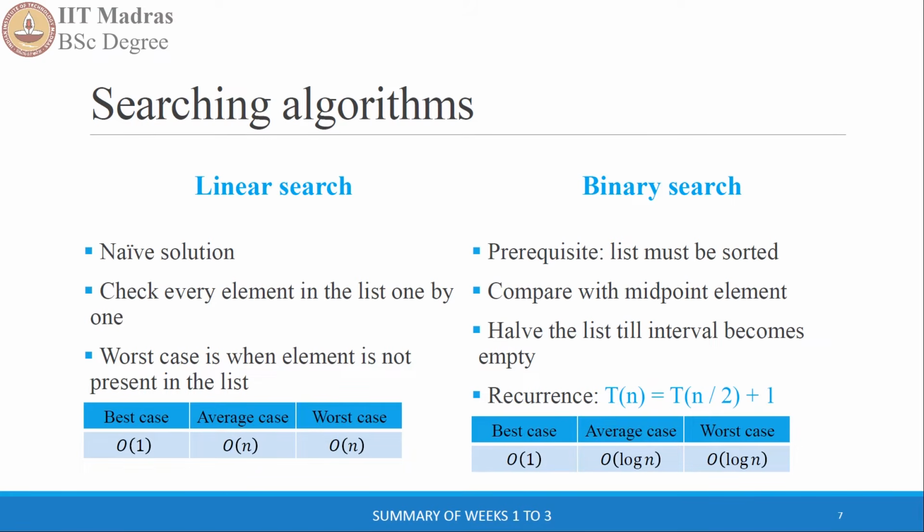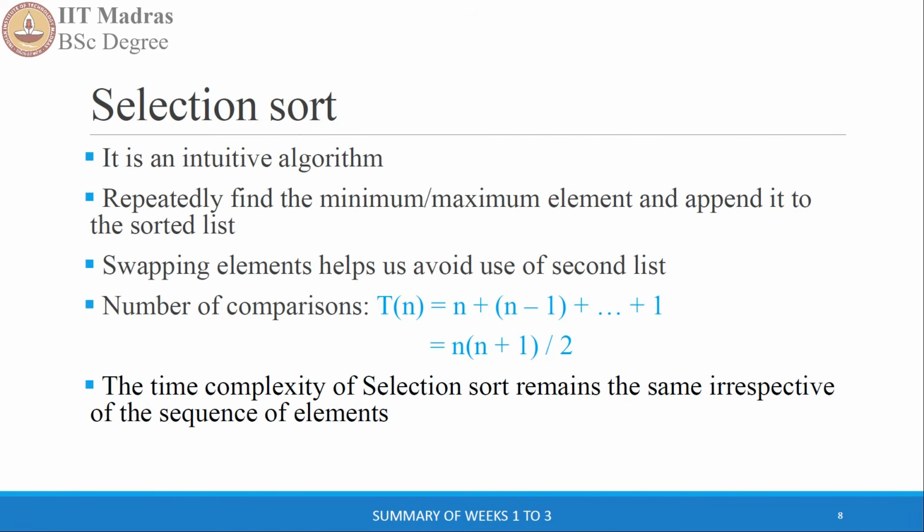From searching, we will move to sorting algorithms. The first sorting algorithm is selection sort. As the name suggests, we select a specific element from the input list and append it to the sorted list. This specific element will be either the minimum or maximum element, based on whether we are looking for ascending order sorting or descending order sorting.